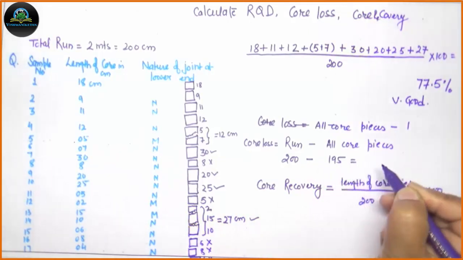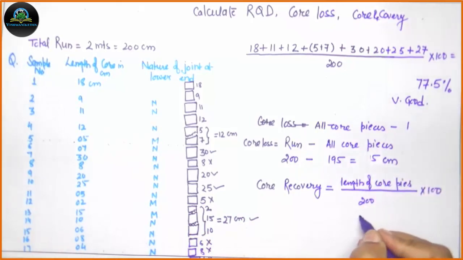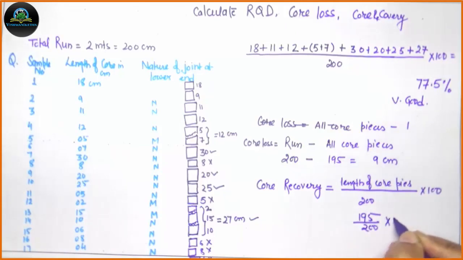So my core loss is 5 centimeter, and it will be 195 divided by 200 multiplied by 100. My core recovery here is 97.5%, which is the indicator of a good rock type for any type of construction. Okay, thank you.